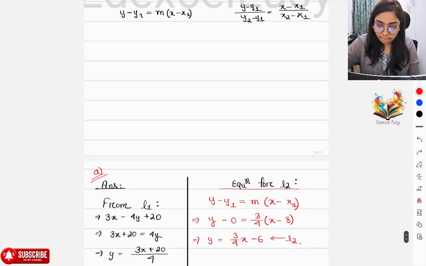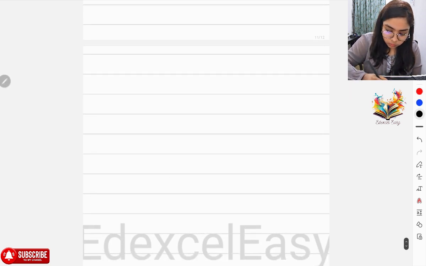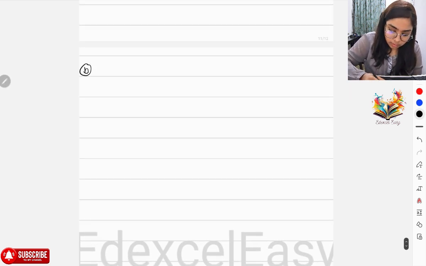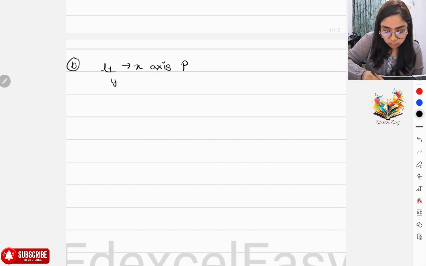Okay, so we'll start with this. For part B, it was stated that line 1 crosses the x-axis at point P. At the x-axis, y is always 0. So you can write y is 0. If the value for y is 0, this is going to be 3 by 4x plus 5.